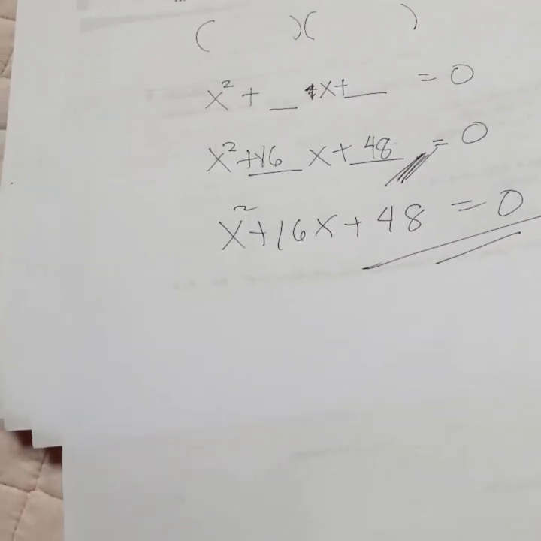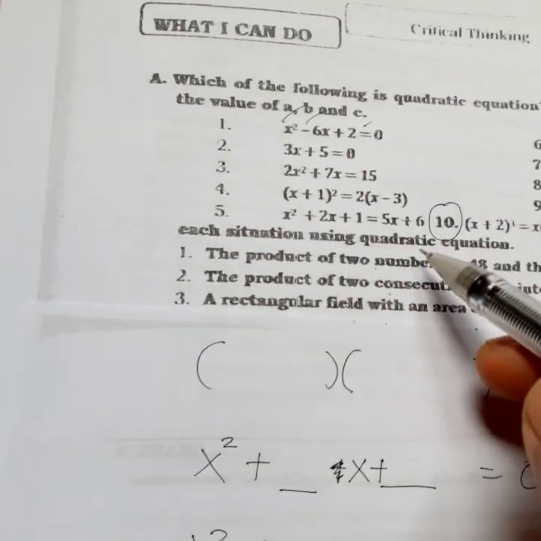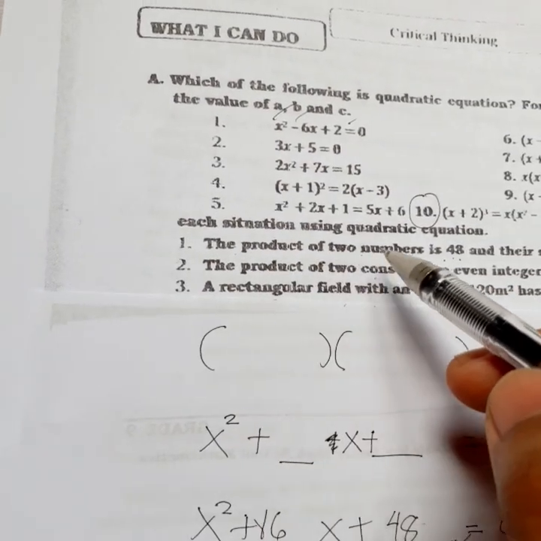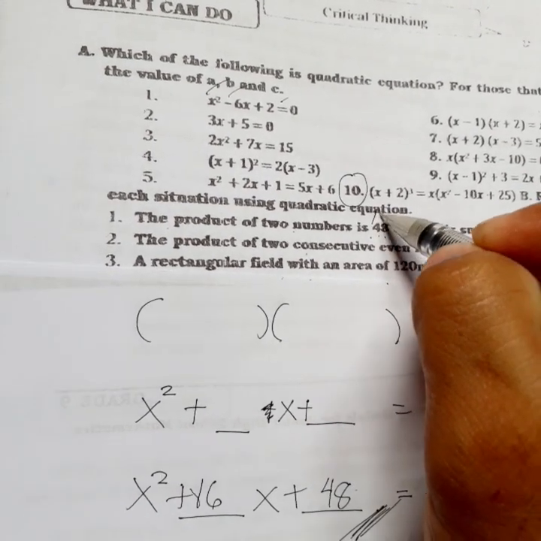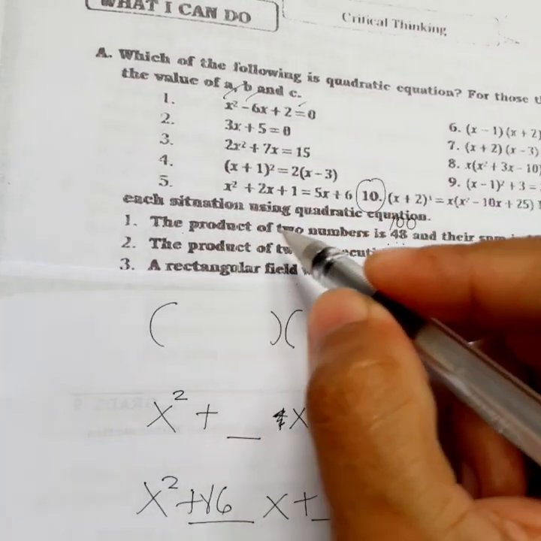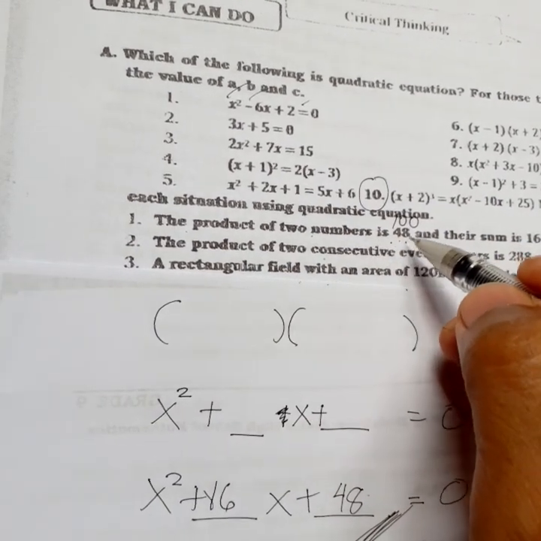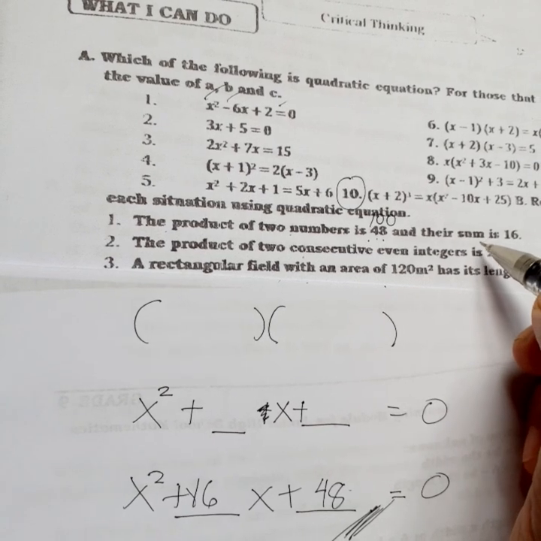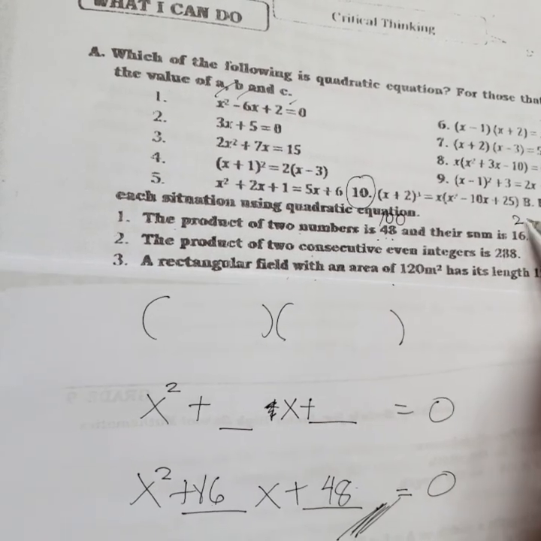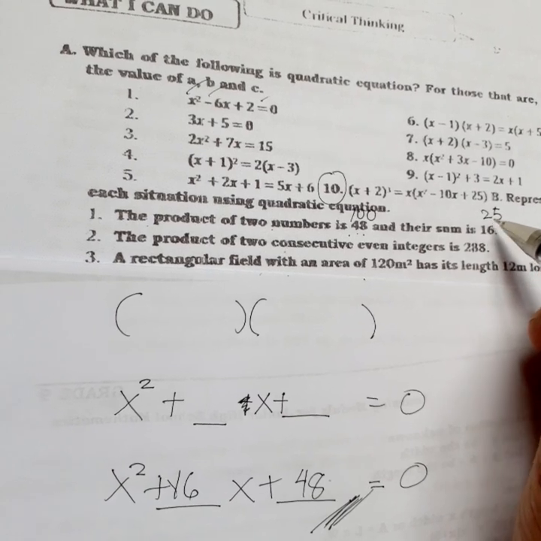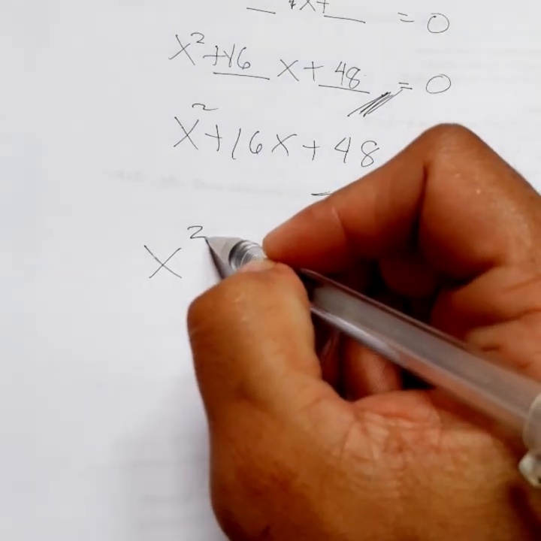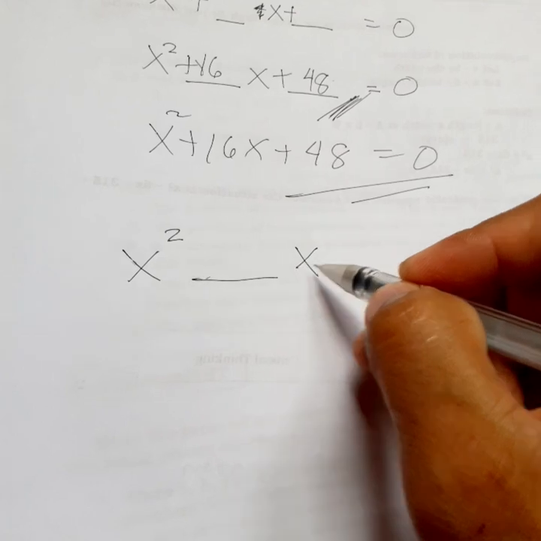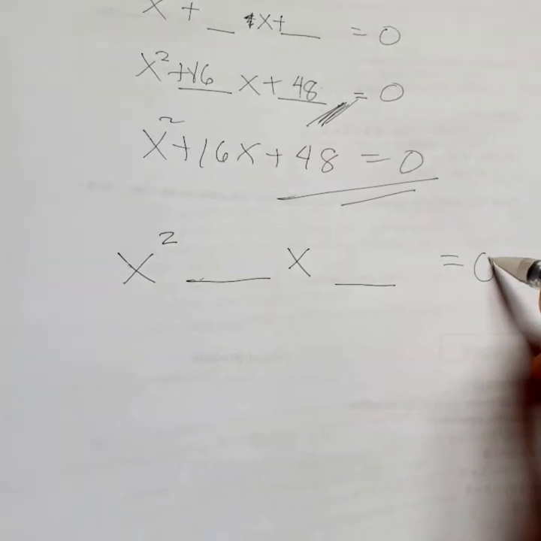Again, let's have another example. The product of two numbers is 100 and the sum is 25. Example lang siya. So isulat si x squared blank x blank equals 0.